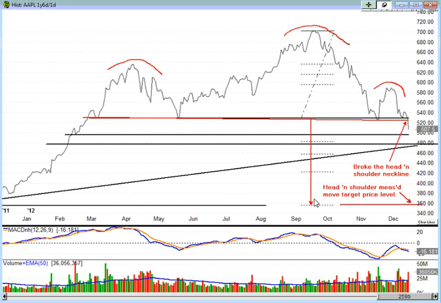And the major move is projected down to somewhere around the 360 level, if it can't find any intermediate support, and also the support on this trend line. So we're not going to worry about this level first. I think there are some other levels up here that we need to keep an eye on. But certainly this head and shoulder pattern is a really obvious pattern that a lot of people and their mothers are keeping an eye on.